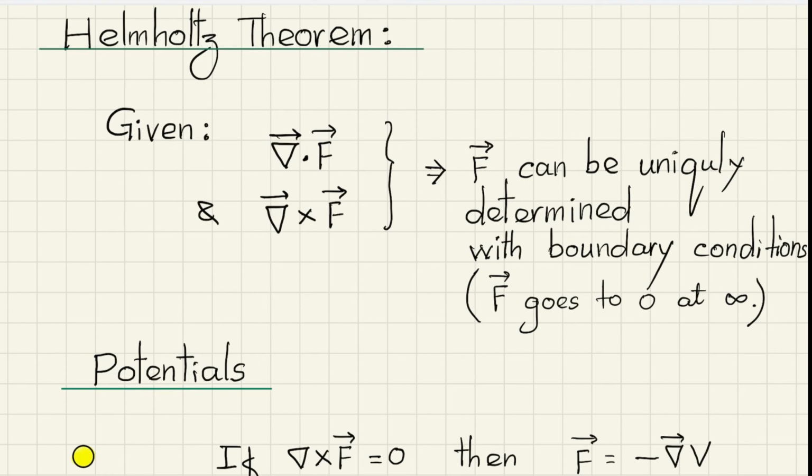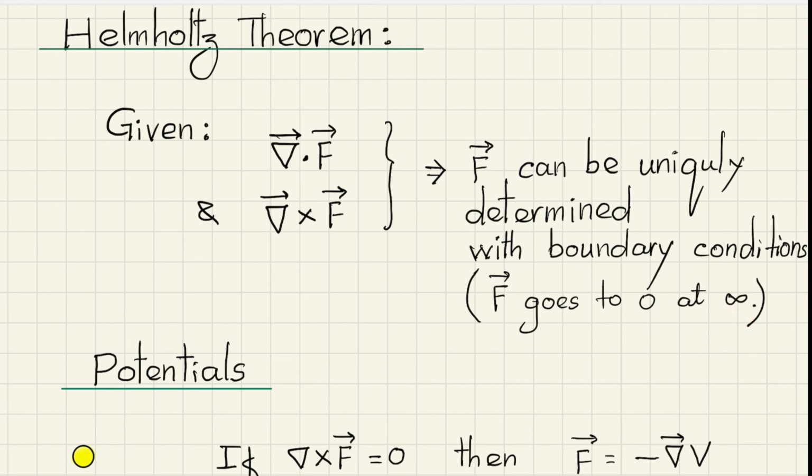If you are given the divergence of, let's say, a force field F, a vector function, and del cross F, then the theorem, which we will not prove but just state, says that F can be uniquely determined if boundary conditions are given, with the condition that F goes to 0 as r tends to infinity.